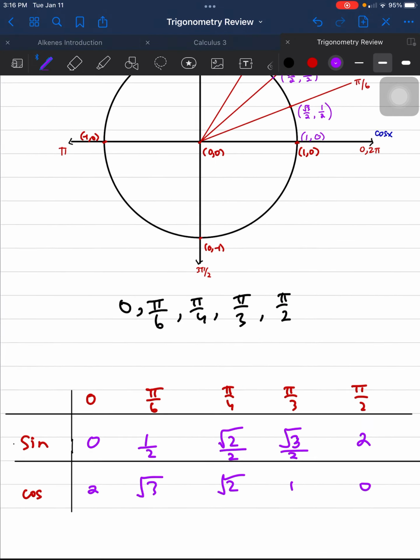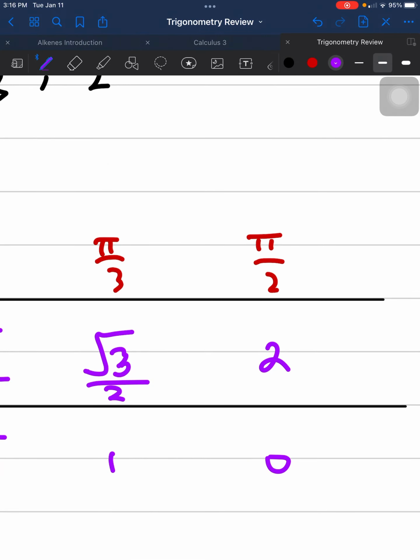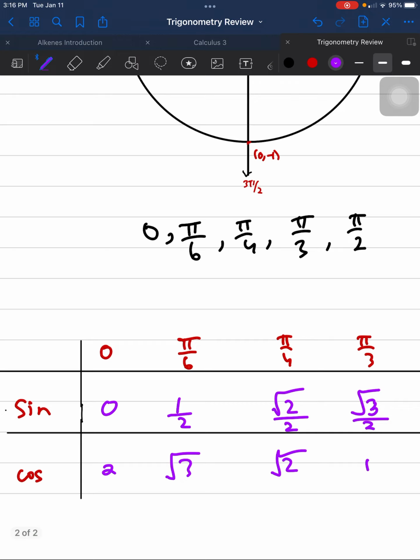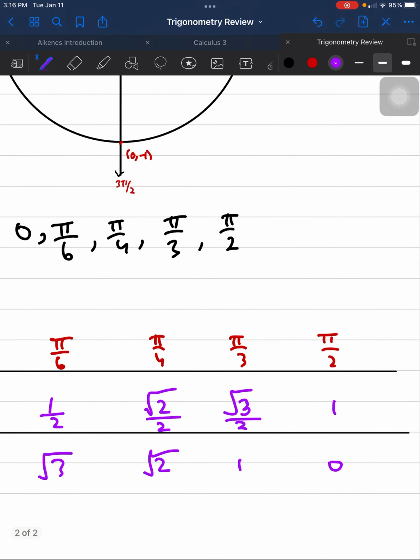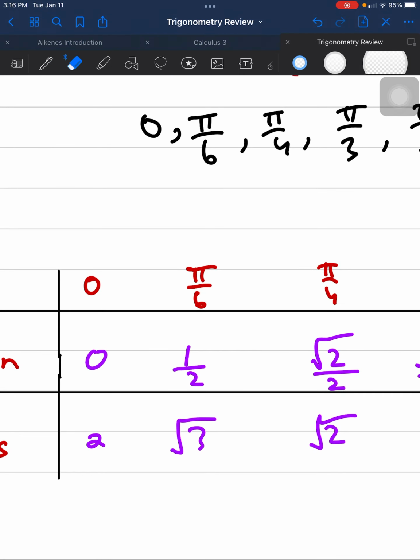For pi over 3, we get radical 3 over 2, so sine of pi over 3 is radical 3 over 2. And then 2 divided by 2 is simply 1, so sine of pi over 2 is equal to 1.